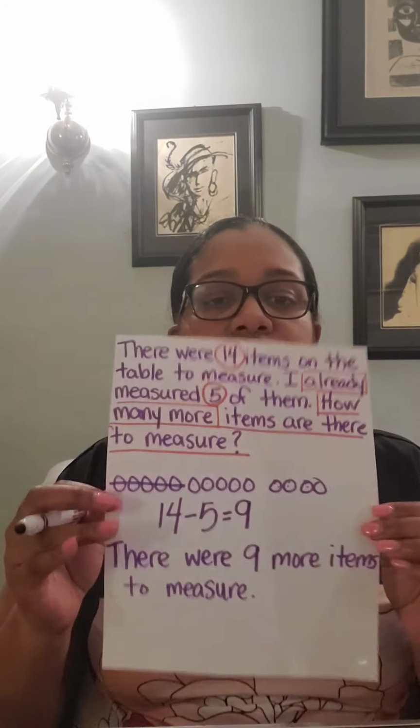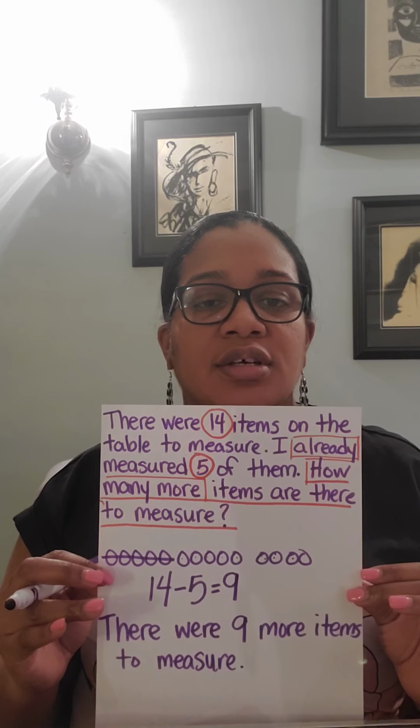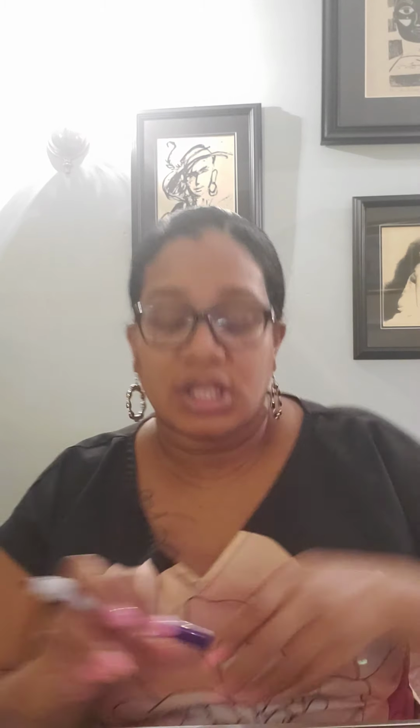There were 9 more items to measure. All right, so your model should look like this. All right, ladies and gentlemen, that was a good warm-up. Let's go into our vocabulary portion.